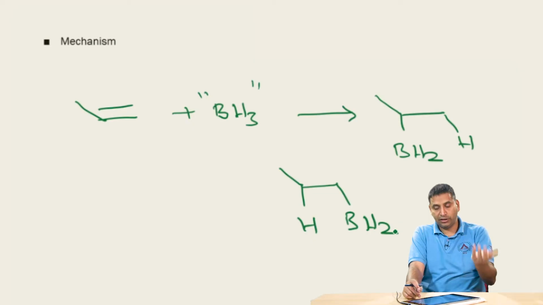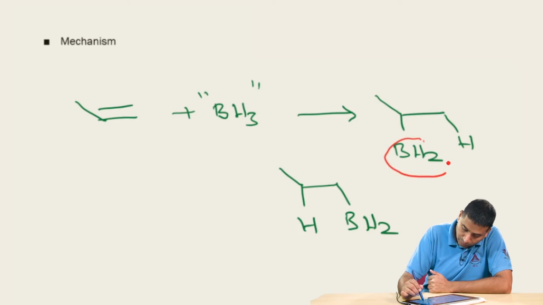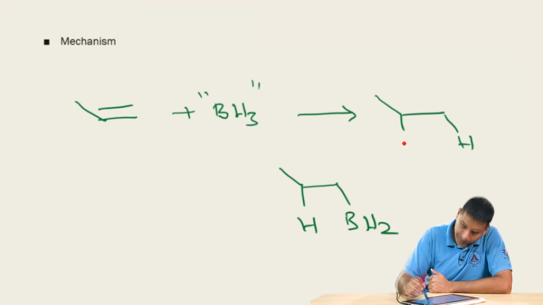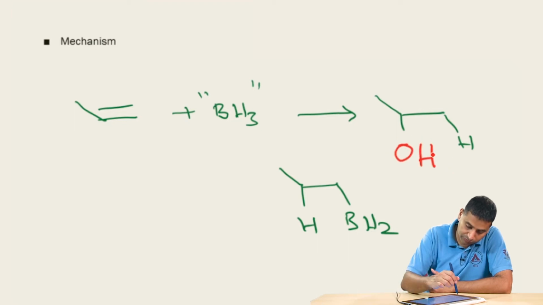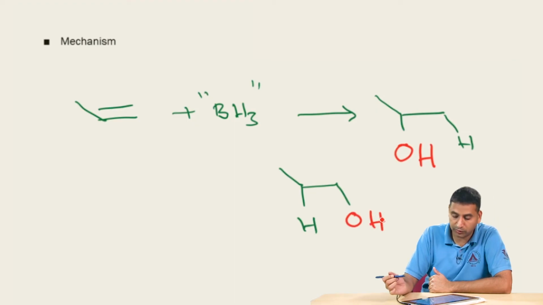Now, let us do the products of oxidation. So, if this undergoes oxidation, then this boron will be replaced by oxygen and therefore, you would get OH, and if this undergoes oxidation, then this boron would be formally replaced by oxygen and you would get this product.